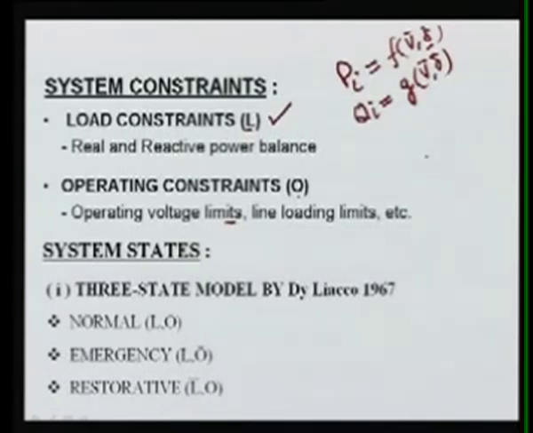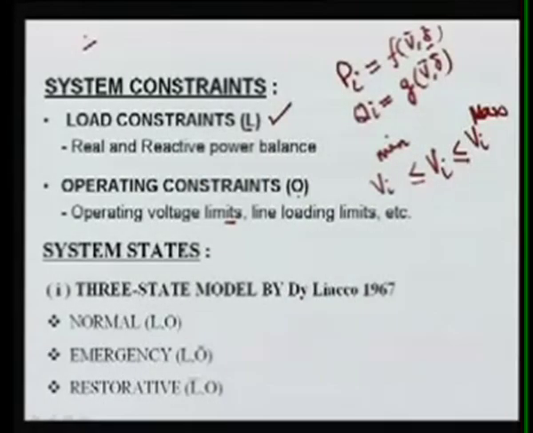Let's suppose the voltage at bus i should be well within limit, less than or equal to its ith bus maximum value. Similarly, it should be greater than the minimum value at the ith bus. So this is your limit on the voltage at each and every bus.